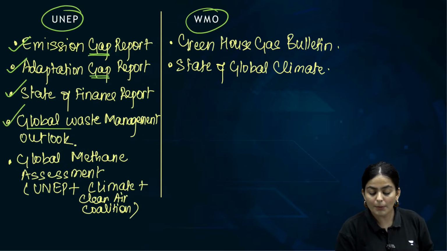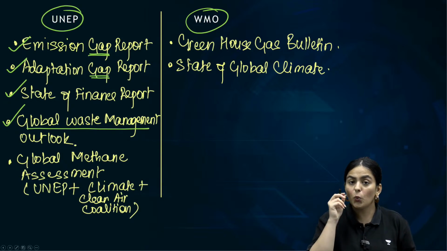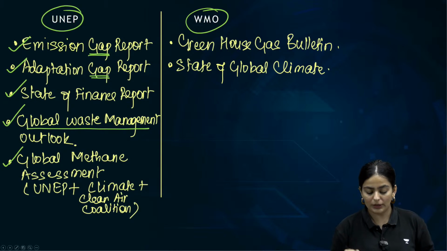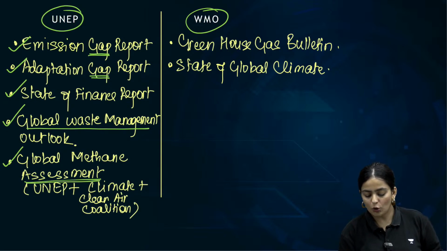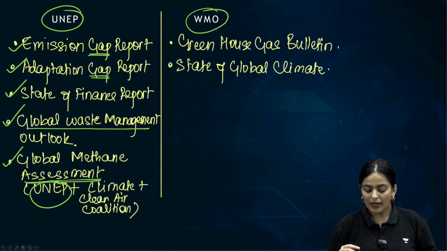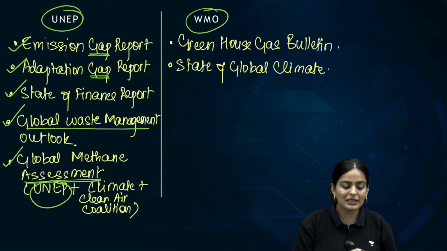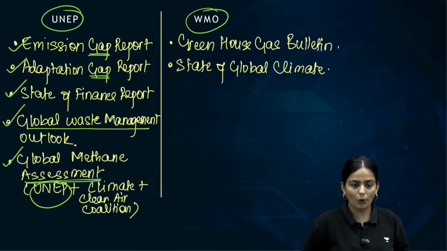Global waste management outlook, and another one which is the global methane assessment. Global methane assessment is an initiative of UNEP and the Climate and Clean Air Coalition. Clear? So please remember, these are the UNEP reports.